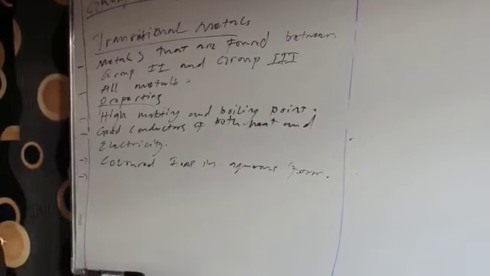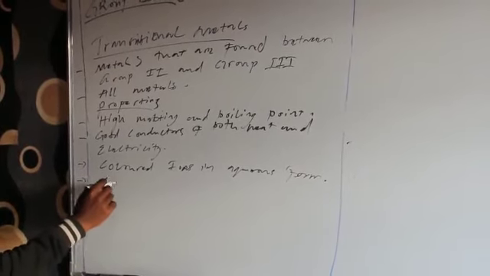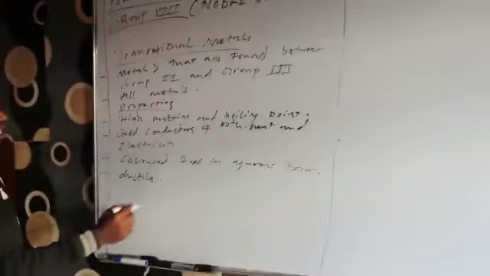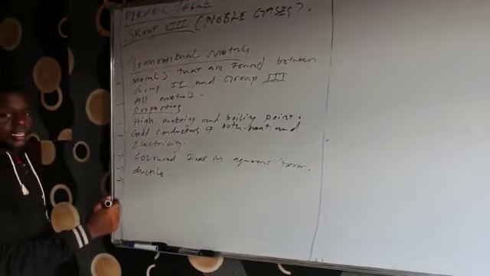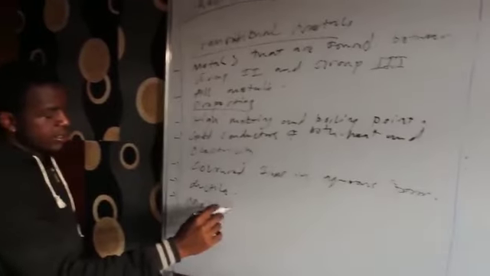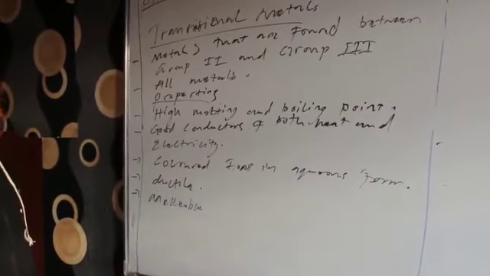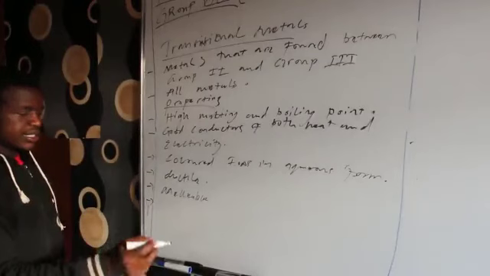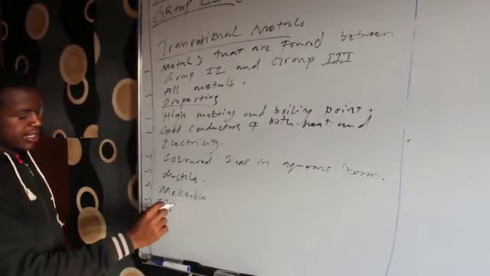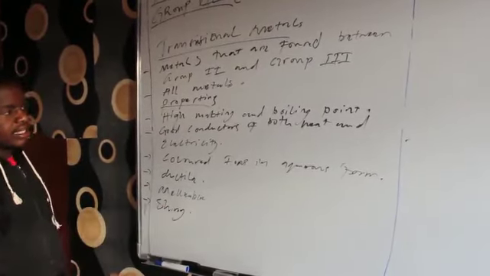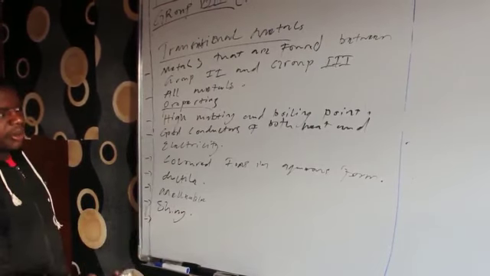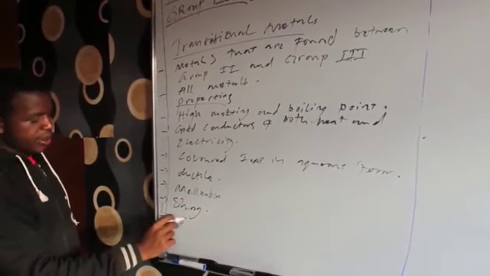The other property is that they are ductile. This means they can be drawn into wires. The other property is that they are malleable. And this means that they can be hammered. Then the other property is that these are shiny.